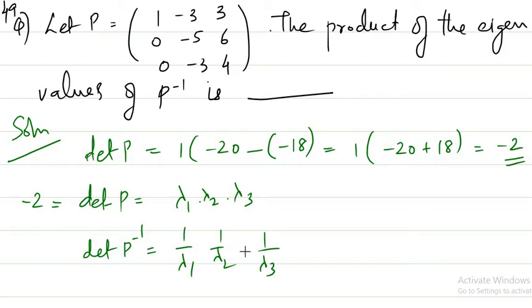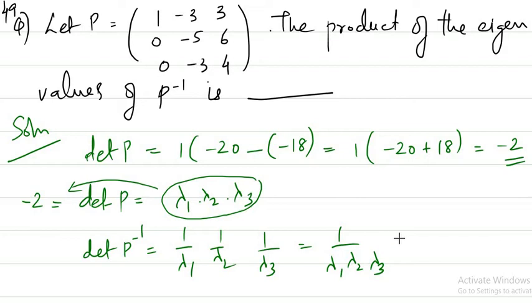So it should be something like this. This is nothing but 1 by lambda 1 times lambda 2 times lambda 3. And what is lambda 1 times lambda 2 times lambda 3? We already found it to be minus 2. So the product of the eigenvalues of P inverse is nothing but 1 by minus 2.